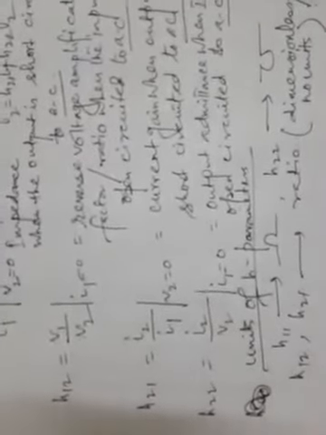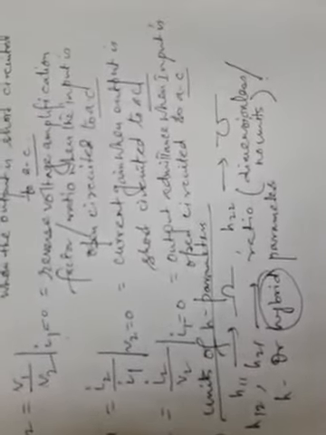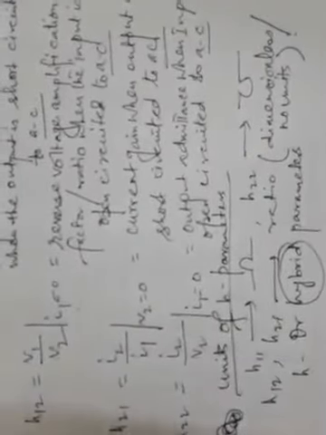Okay, so these 4 are of different dimensions and they are termed H or hybrid parameters. Now here we have come across a new term, hybrid. H stands for hybrid. Now let us see why these H parameters are called hybrid parameters. For that, let us once again look at these 2 equations.